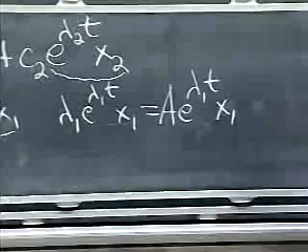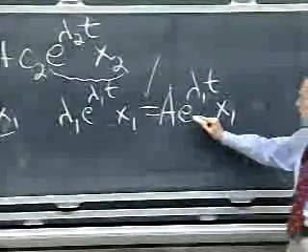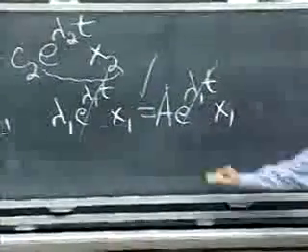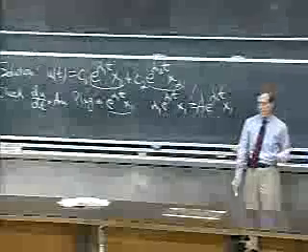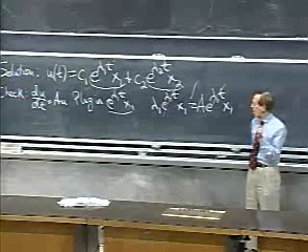And does that check out? Do we have equality there? Yes, because e to the lambda 1 t appears on both sides, and the other one is Ax1 equals lambda 1 x1. Check.